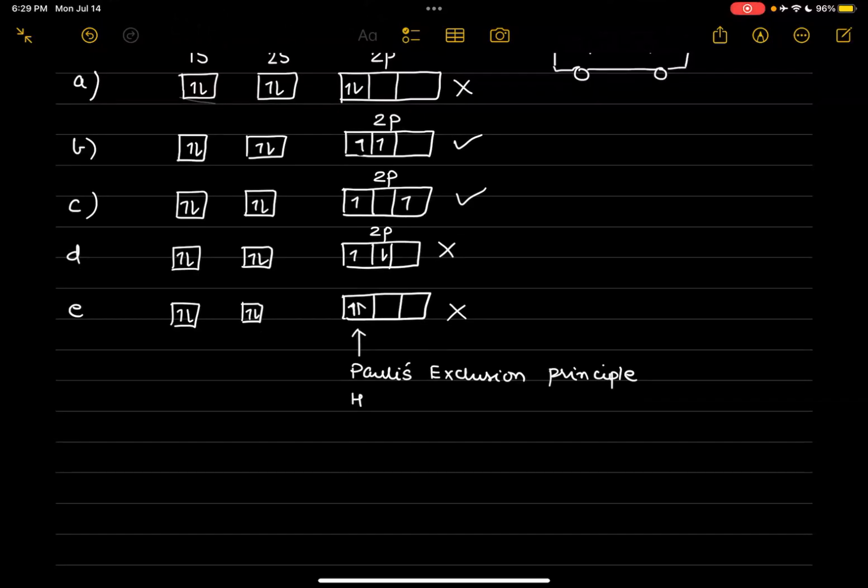So it is also violating Hund's rule. Is it clear? Yes, sir. So both the rules are being violated.